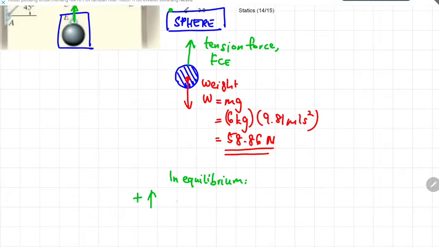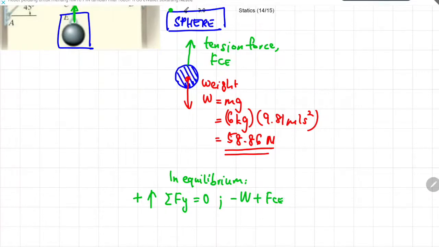Assuming that the upward position is positive, then if the system is in an equilibrium condition, the summation of all the forces in the y direction should be equivalent to 0. The first type of force is the weight, but it is pointed downward, so it becomes negative W. The second type of force acting on the sphere is the tension force, but it is pointed upward, so you put positive FCE in the equation.